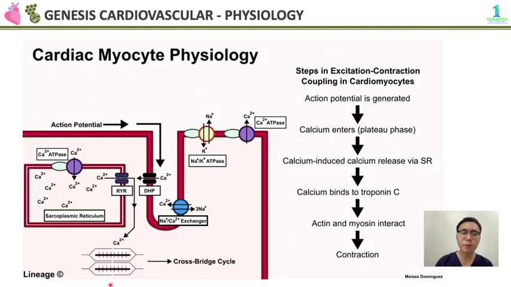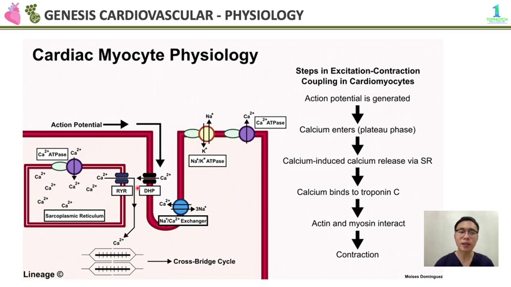So for us to be able to understand the previous concept better, let's have a quick review of the cardiac myocyte physiology. Remember, it all starts with calcium going inside of the cardiac myocytes. So punta tayo dito. Okay, so action potential is generated. You have calcium entering the cardiac myocyte through the L-type calcium channels. Pasok siya doon.